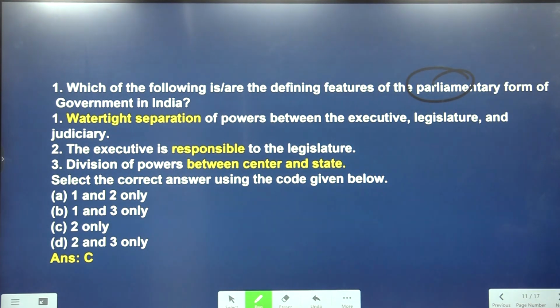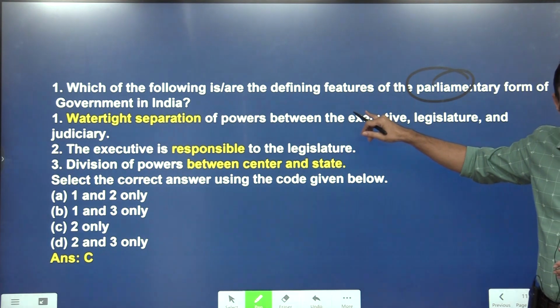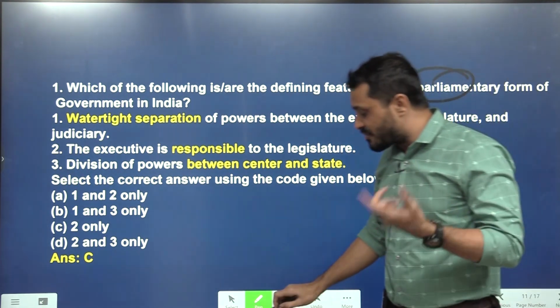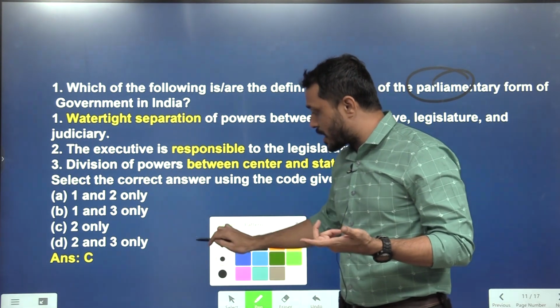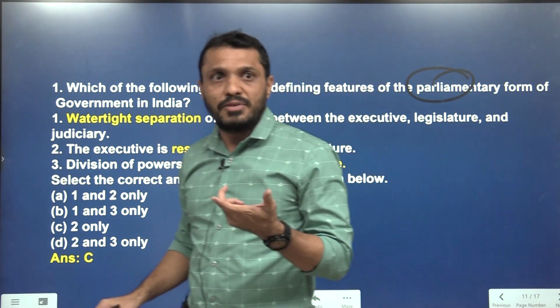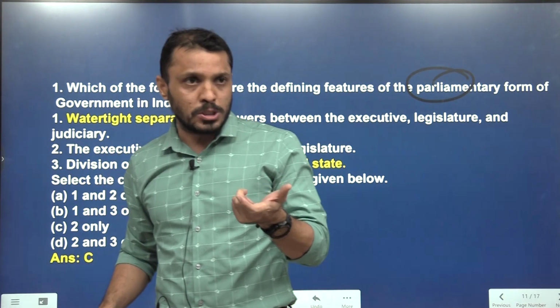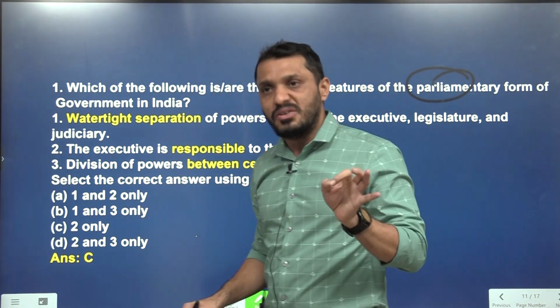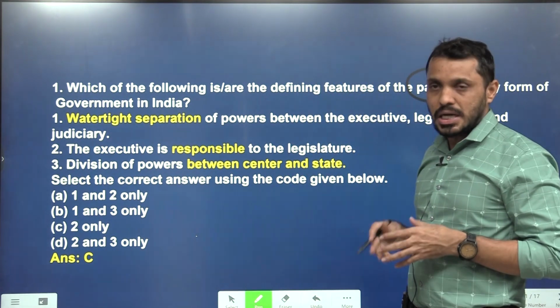This type of question wants to test your understanding of the parliamentary form of government. Parliamentary form of government means, obviously, there is a close relationship between the legislature and executive. If you know that point very well, then see how you can answer this question.